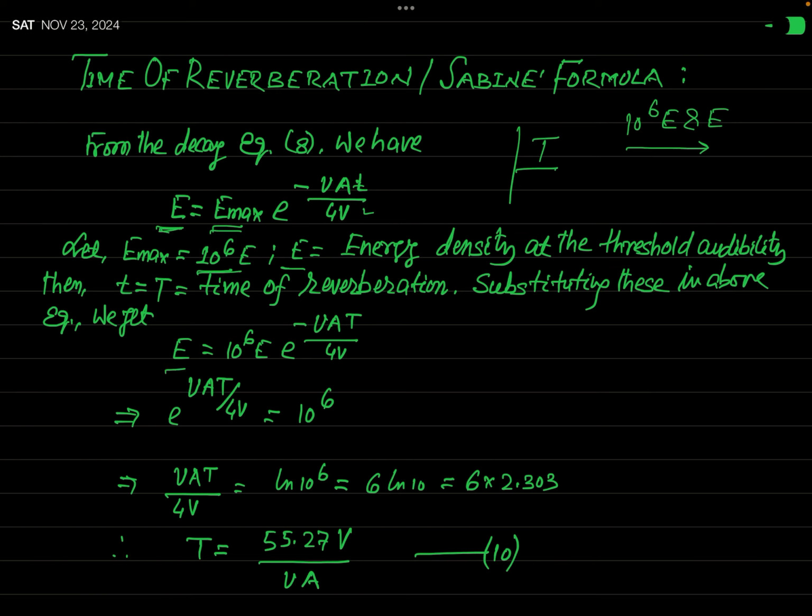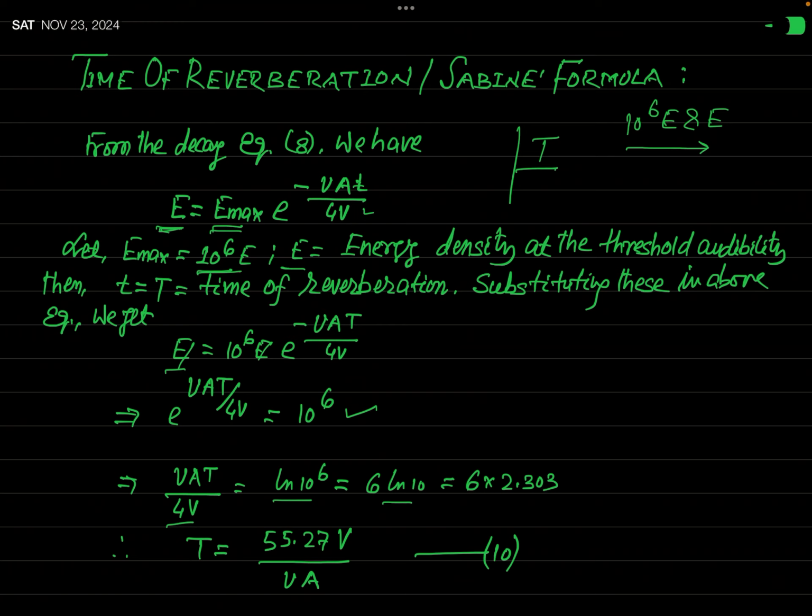So let us substitute these things here. E0 equal to 10 to the power 6 E0 times e to the power minus vA capital T over 4V. Mark it, here capital T is the time of reverberation or period of reverberation. Now E0 and E0 will cancel out, and this can be written as e to the power vAT by 4V equal to 10 to the power 6. Therefore vAT over 4V is ln 10 to the power 6, so this is 6 log 10 to the base e.